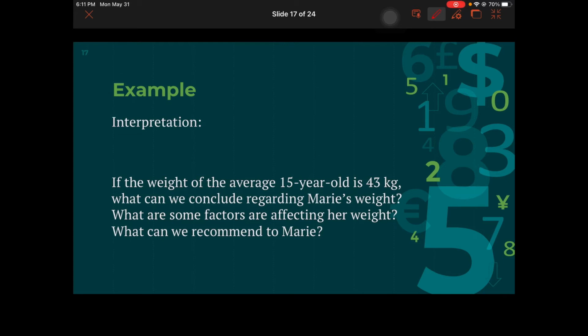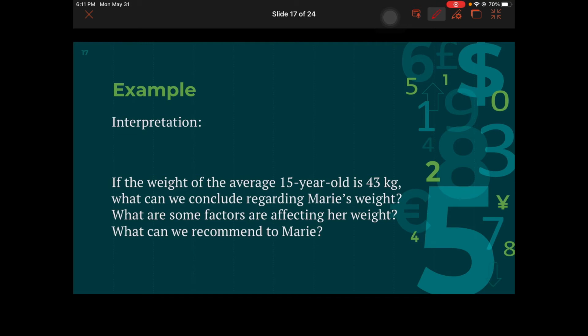Okay? Now, paano natin gagamitin itong data na to? How do we make this data useful? So, syempre, hindi lang naman porket may data tayo, in-interpret natin na mas mabigat si Marie kesa sa 59% of her classmates, titigil na tayo doon. We will look into it. Okay?